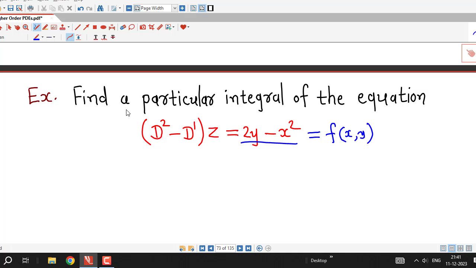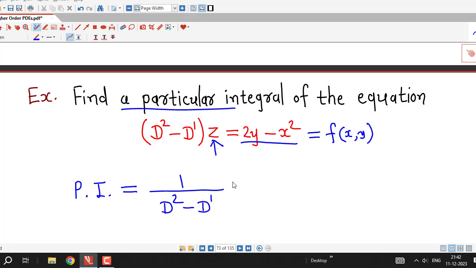Here we are just asked to find the particular integral, so we will not go for the complementary function. We will directly write down the particular integral. So here z can be written as 1 over D square minus D' operated on the right hand side function, which is 2y minus x square.